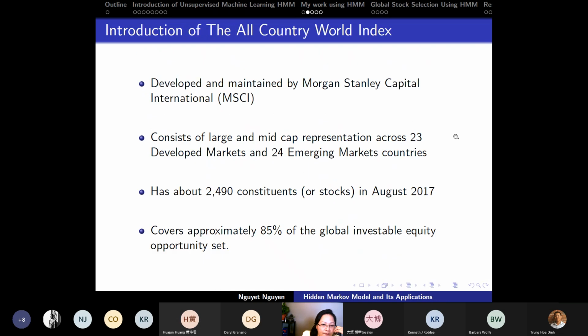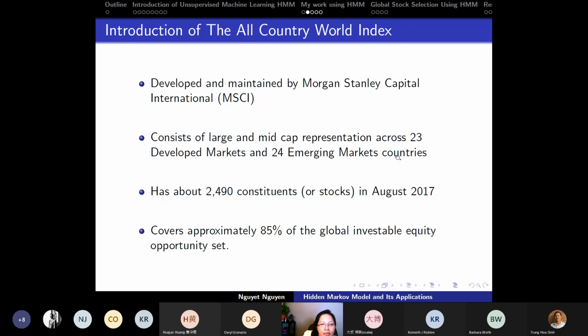Okay, so this is an example of our work when we apply the model to trade stocks in global stock trading. That means we use the All Country World Index.